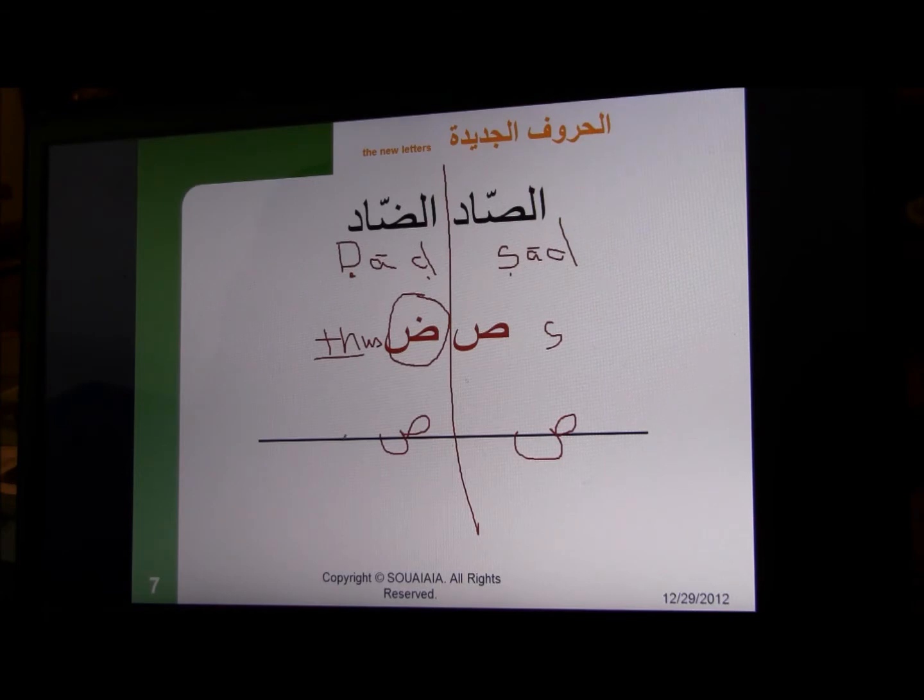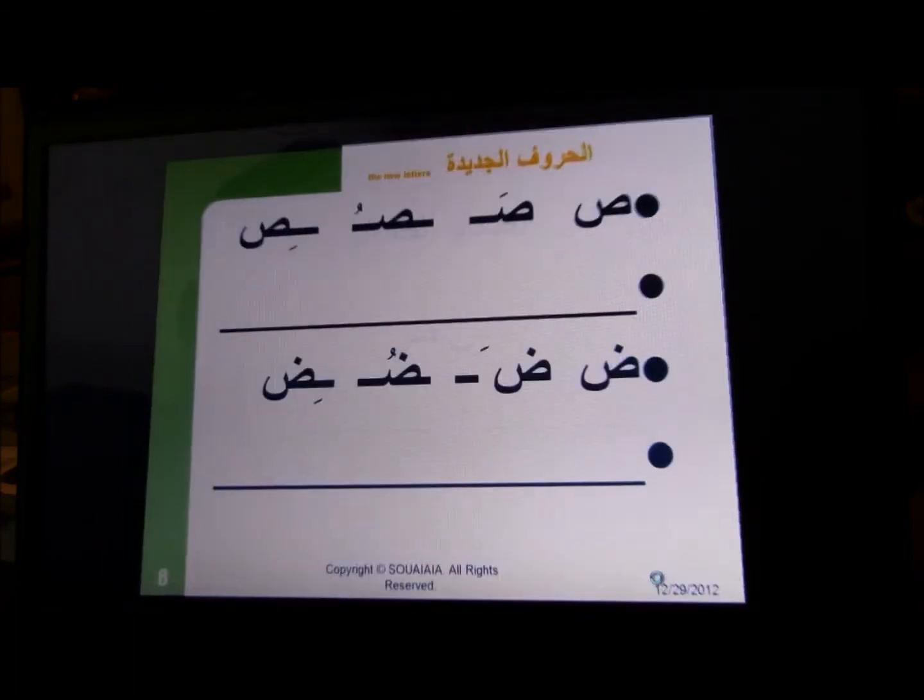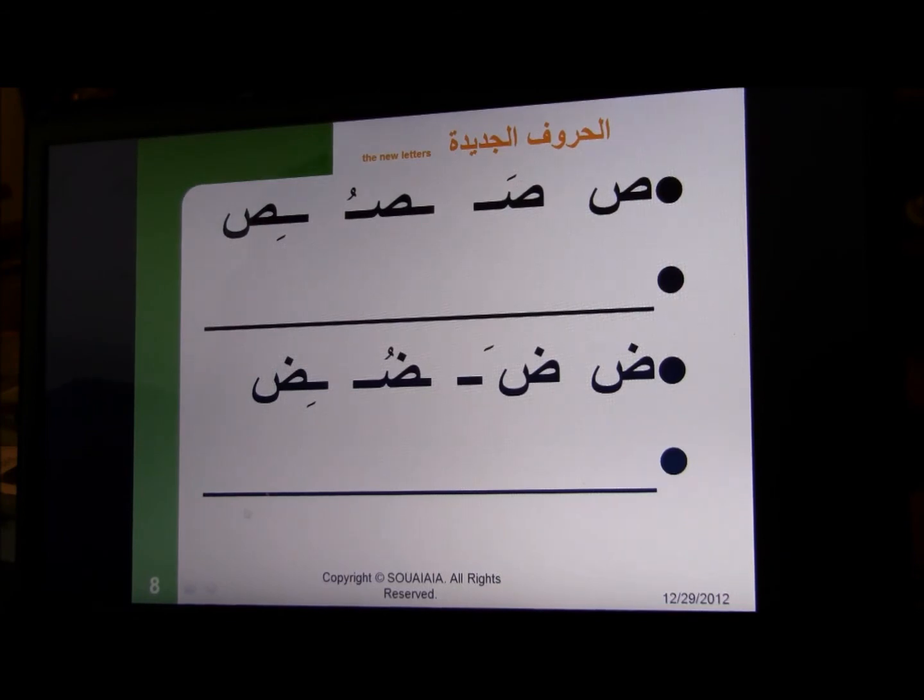So you start on the line, back, forward, and then it's like a final noon, and the dot. And the sod is the same way. You start here, move back, and like an angle, forward, and like a final noon. With the short vowels, let's pronounce: sa, su, si. And this tells you that it connects this way and this way.